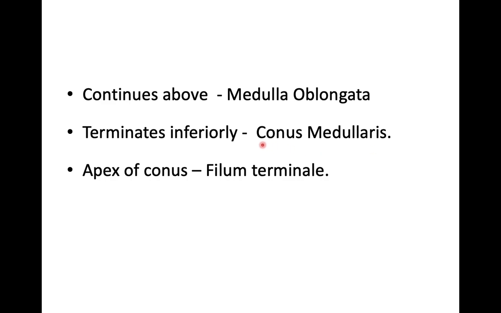At the apex of the conus medullaris, there is a thin filament called the filum terminale. Remember one thing: the filum terminale is nothing but the elongation or projection of the pia mater itself. Pia mater is one of the layers of the meninges, the covering of the nervous system.